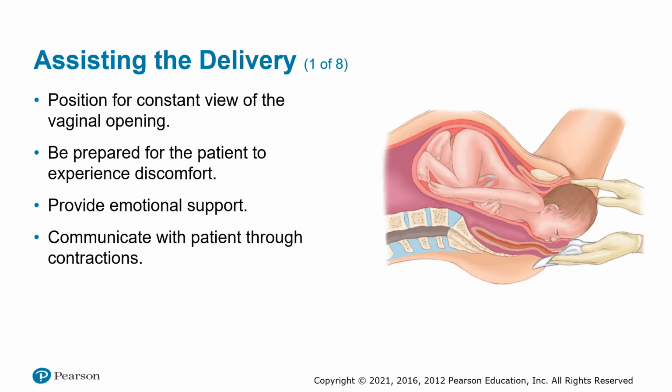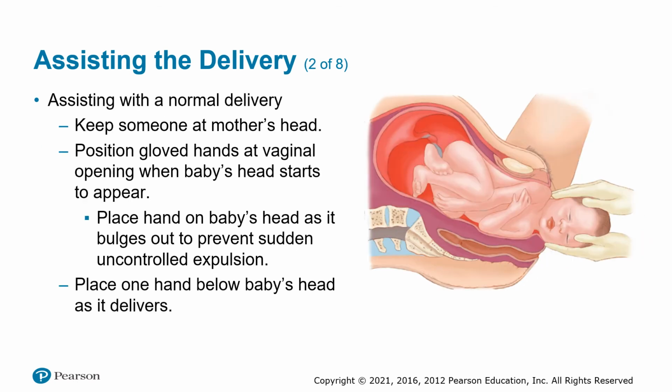Assisting the delivery, position yourself for constant view of the vaginal opening. Be prepared for the patient to experience discomfort and pain. Provide emotional support and communicate with the patient throughout contractions. Keep someone at mom's head, typically dad, if they're there.